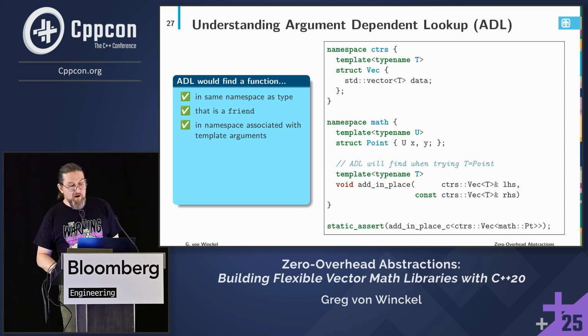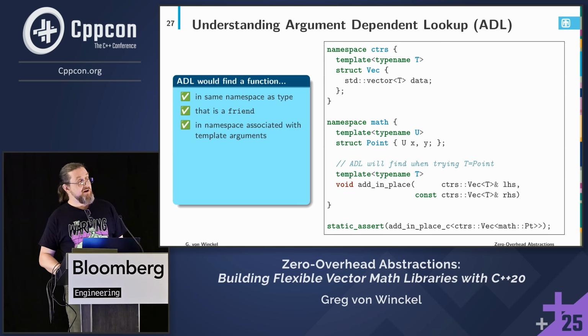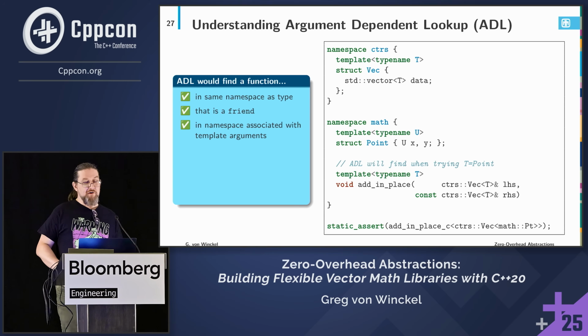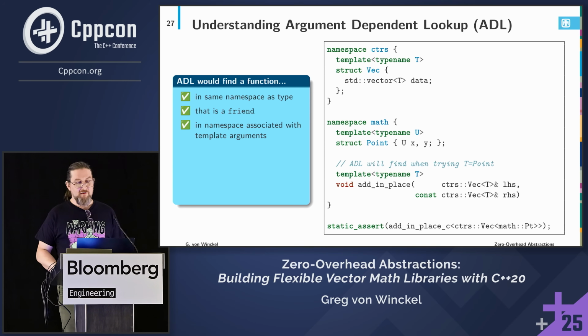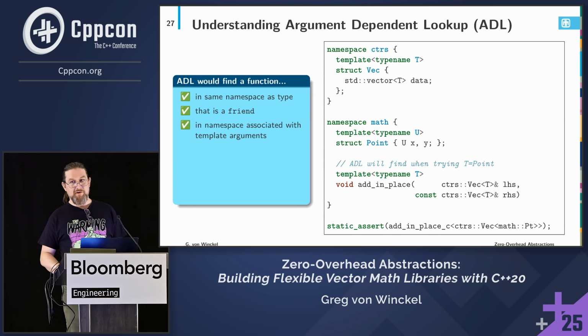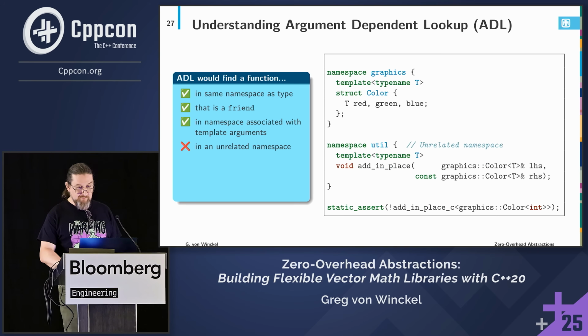And this gets to be a little bit nebulous, but namespaces that are associated with template arguments. And there are a number of ways that a type can be associated, or namespace can be associated with a template argument.